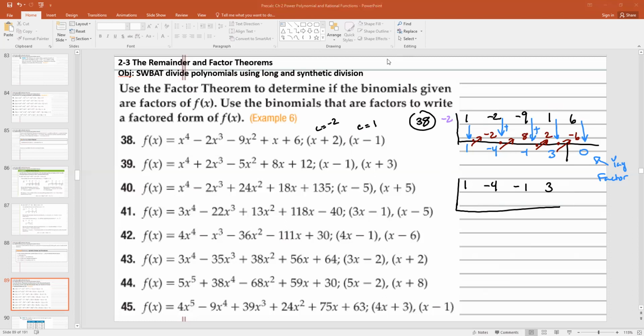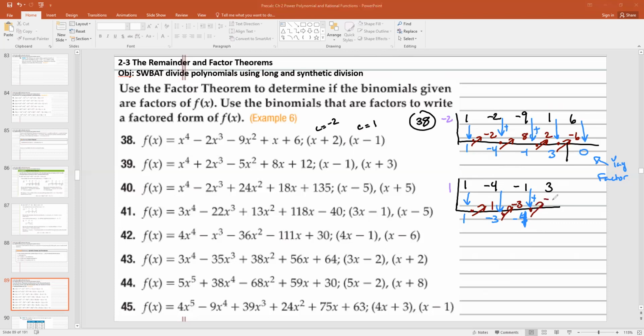So here our c is 1. You get 1, multiply, 1, add, negative 3, multiply, negative 3, add, negative 4, and multiply.